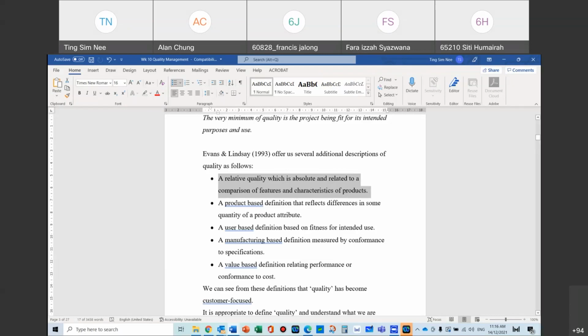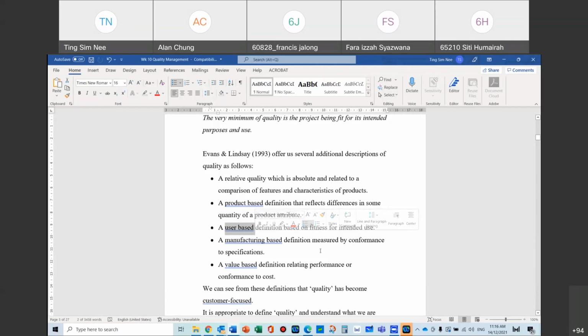And then if it's product based, some industries are very much product based, so you must have some product features that are there, like for example, like I said, your handphone must have a lifelong battery. And what do you mean by lifelong battery, you see? And then user based, meaning its intended purpose.